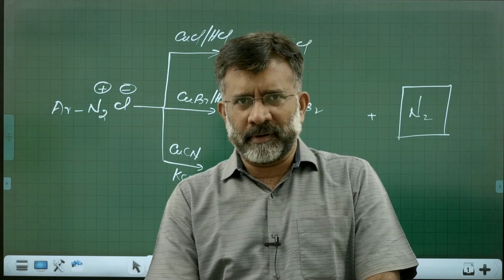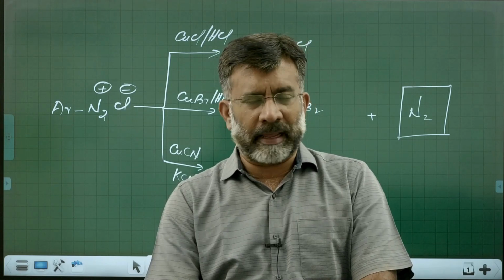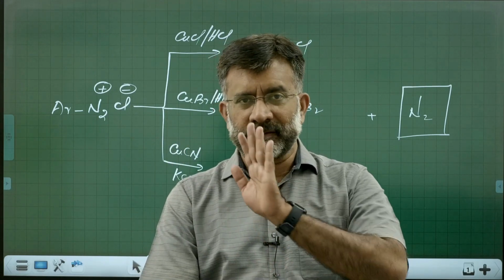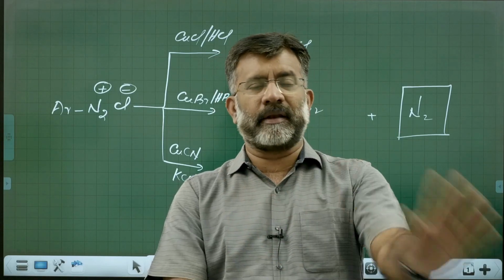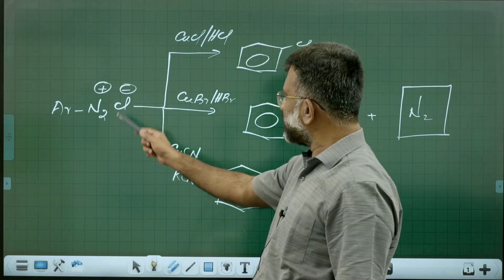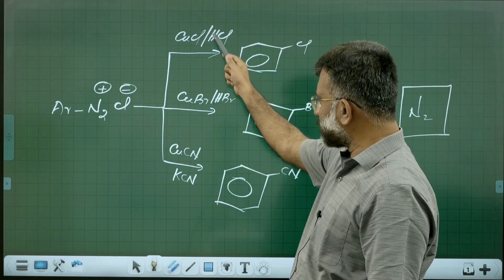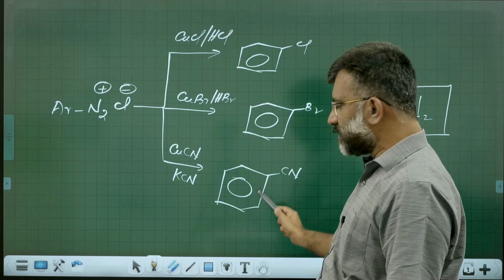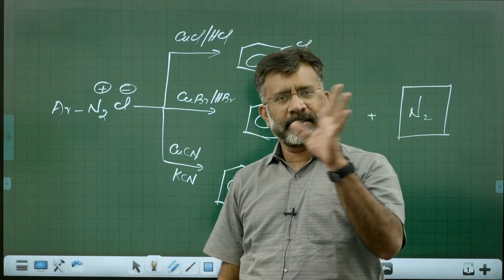It is stable only at low temperature, and an aliphatic diazonium salt is not stable even at low temperature. Now that diazonium salt treated with cuprous chloride, cuprous bromide, cuprous cyanide gives chlorobenzene, bromobenzene, cyanobenzene. This is called Sandmeyer's reaction.